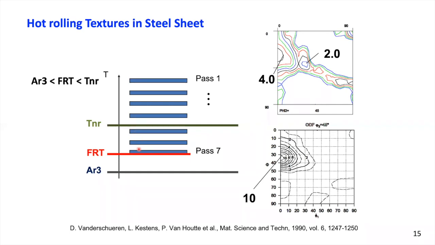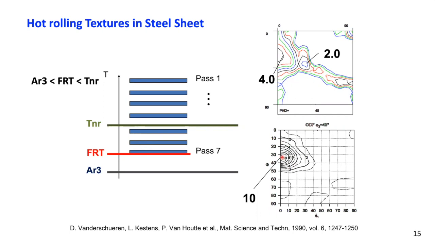So actually the material is in austenite condition, but below the TNR temperature, you do not have a full interpass recrystallization of the austenite anymore. And you can see that in this case, it gives rise to a very particular texture, namely a rather strong texture, which is exceptional for recrystallization textures.